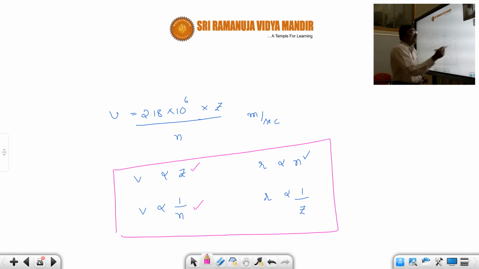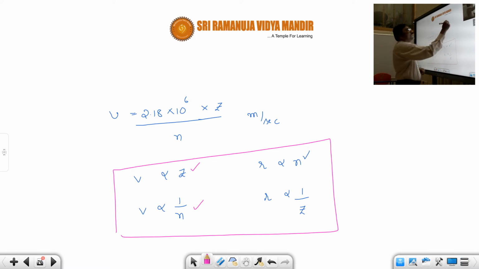I hope you understood how to derive the velocity of an electron in a quantized Bohr orbit. What orbit? Quantized Bohr orbit. For example, if a question is asked, what is the velocity of an electron in the second orbit of lithium?